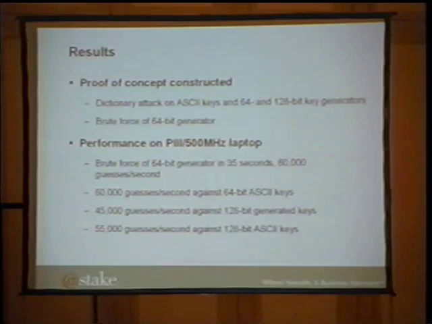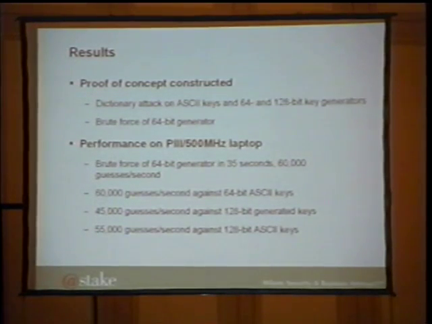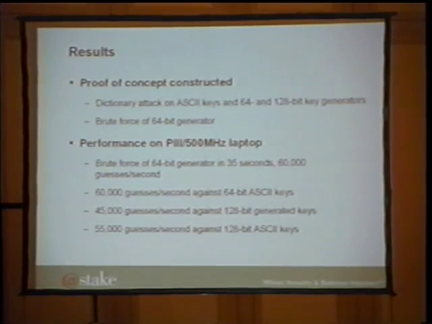It also performs a brute force against the 64-bit generator. How well does it work? Well, the brute force that I mentioned earlier, going through all of the 2 to the 21 possibilities for the 64-bit generator, takes about 35 seconds. So pretty fast. That's about 60,000 guesses a second.